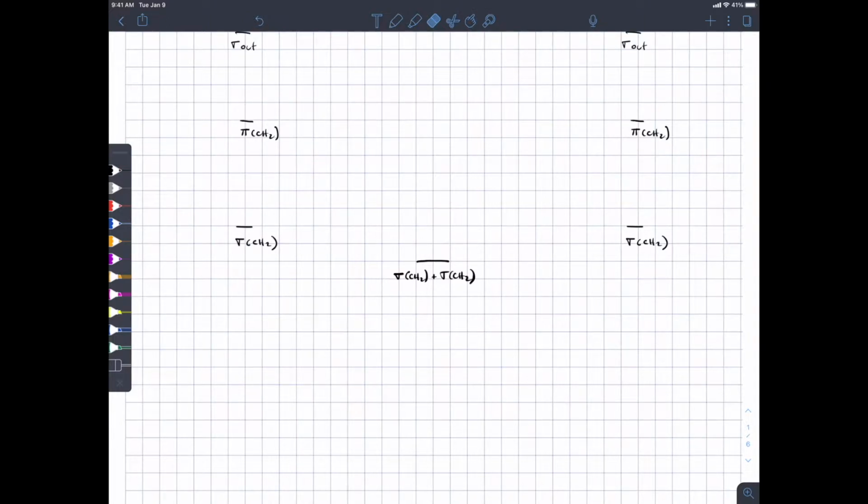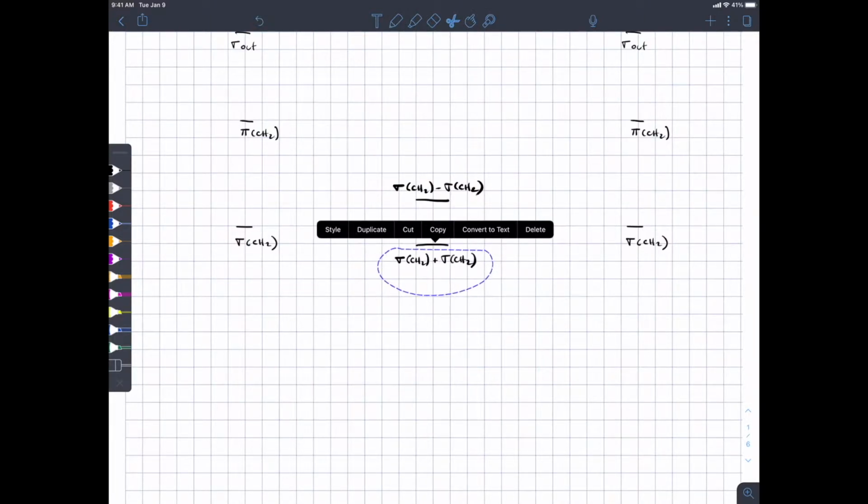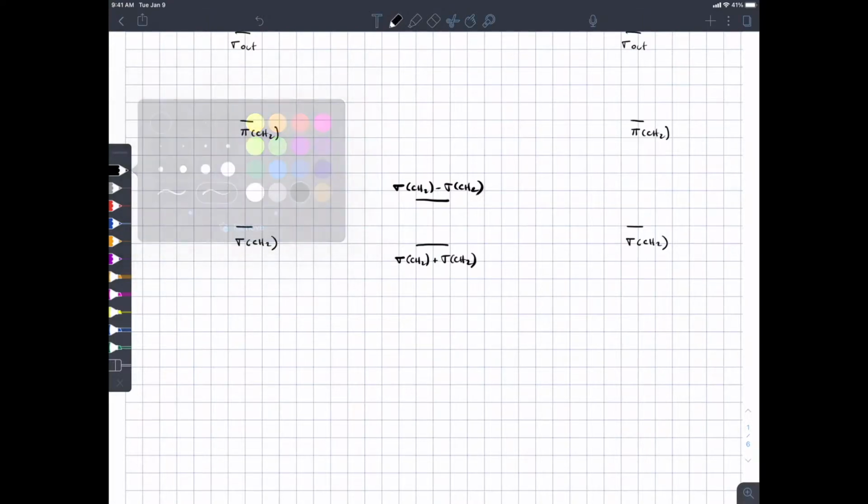We went 1 unit down there, so let's go 1.5 units up here. This will be the sigma CH2 minus sigma CH2. And these orbitals look exactly like you would expect. Let's draw them.